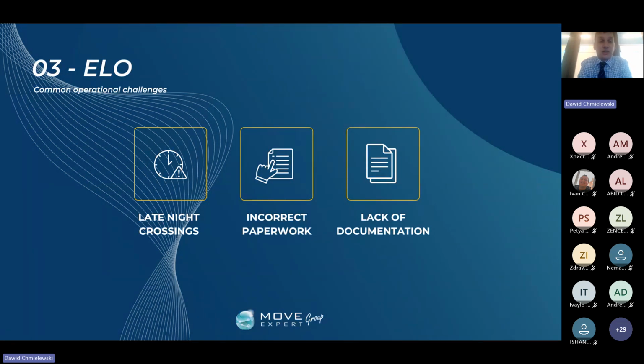That is obviously also requiring ICS2. Nevertheless, if you have a late night crossing, the best thing to do is to be aware that ELO will have to be made. The port staff, under very special circumstances, can make ELO if you provide them with a T1 document, but this is counting on port staff goodwill, so it's not a permanent solution.